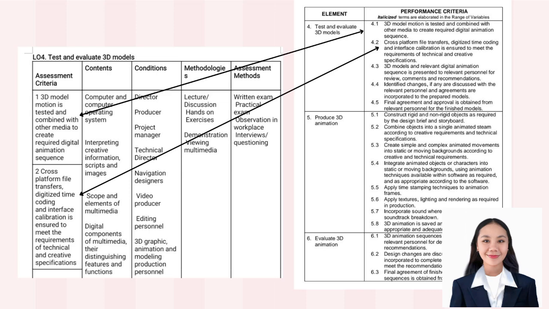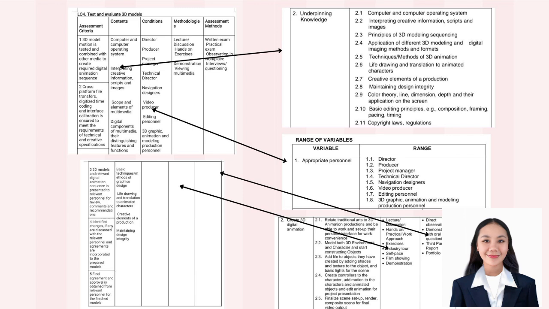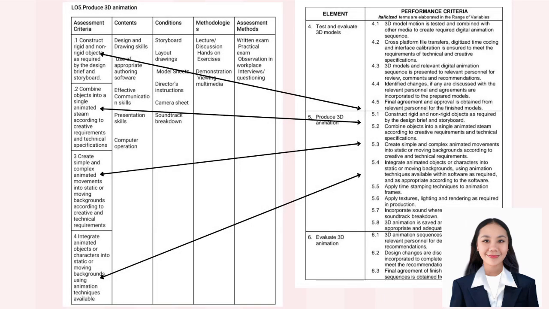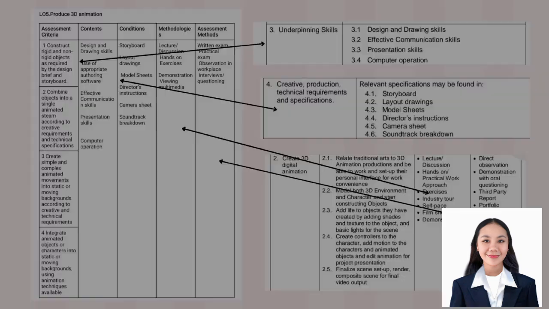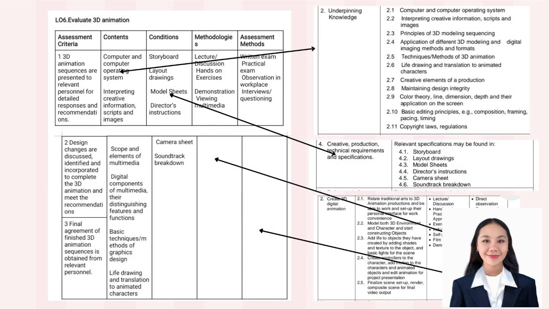Next, for the LO4, test and evaluate 3D models. For the assessment criteria, contents, condition, methodologies, assessment methods, same process lang din po dun sa nauna. Next, for the LO5, produce 3D animation, same process ulit po. And last, evaluate 3D animation, same process ulit din po.